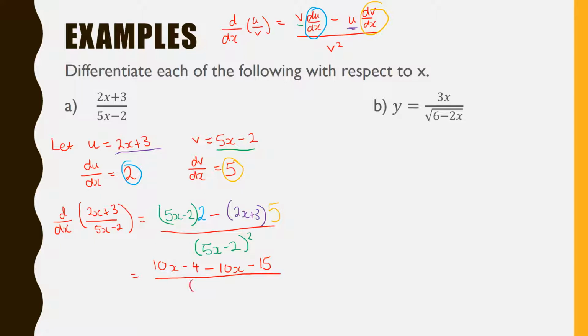There is really no need to expand the denominator. There's a risk that we might make a mistake when we expand the denominator, so let's leave it factorised. In the numerator, 10x minus 10x is 0, negative 4 minus 15 is negative 9, all over 5x minus 2 all squared.